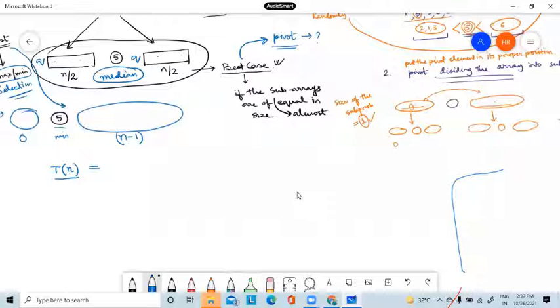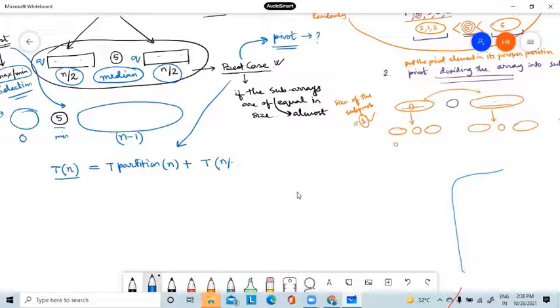First, I will call the first part: time required to partition n number of elements, plus time required to sort n by 2 elements. See, I am calculating this for best case. After first partition, my subarrays are almost equal in size, almost equal means n by 2.